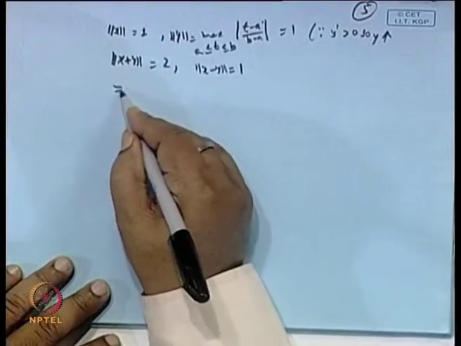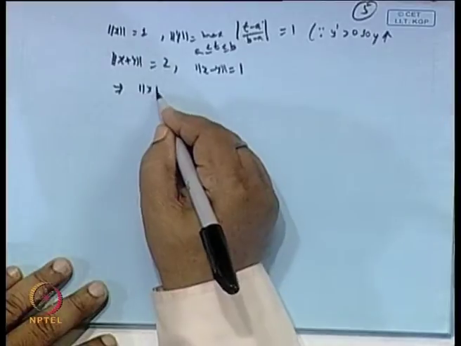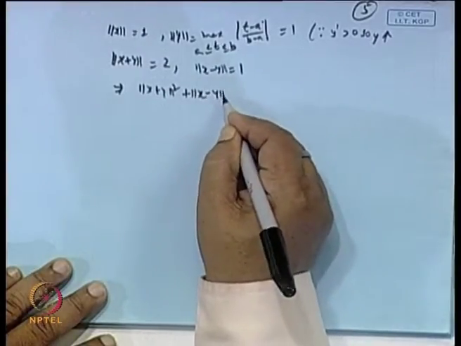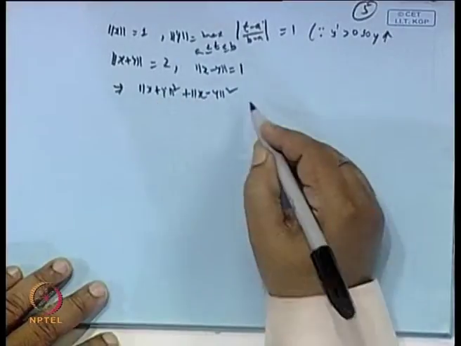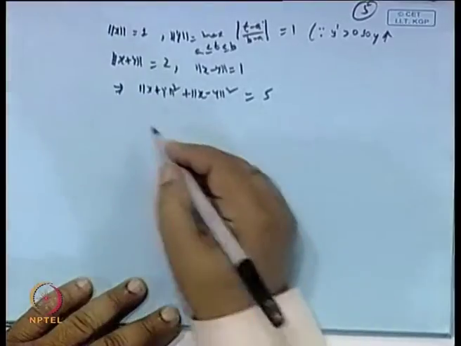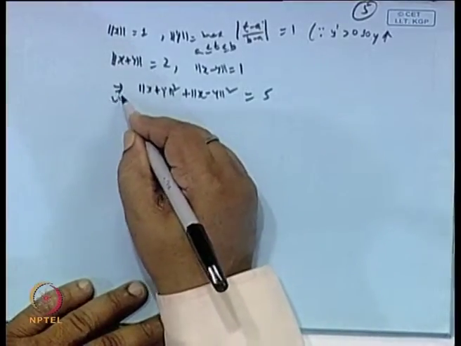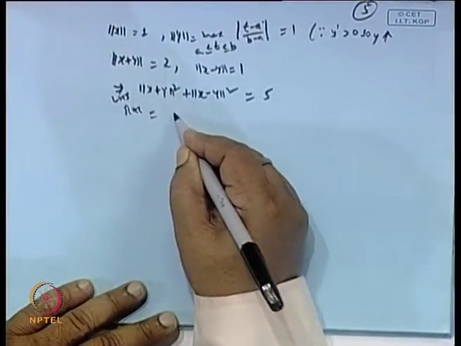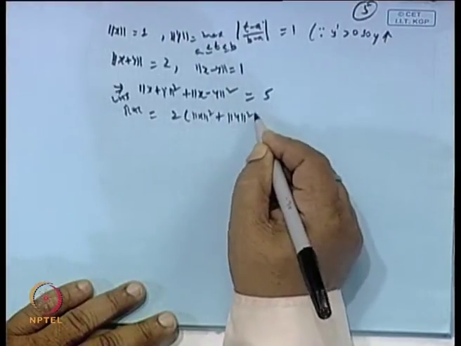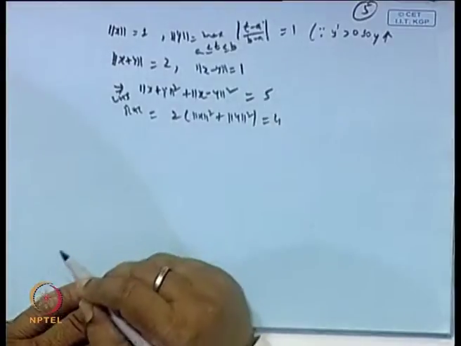So, the left hand side is equal to 5, while the right hand side is 2 times the norm of x squared plus the norm of y squared, which is equal to only 4.